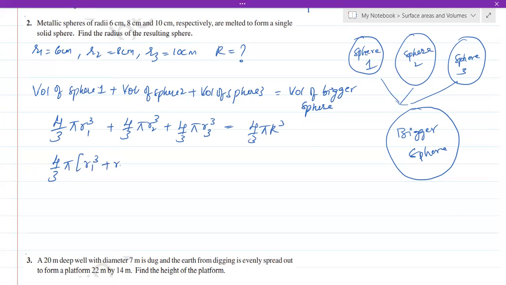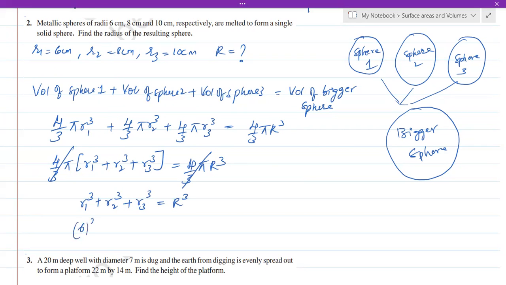R1 cube plus R2 cube plus R3 cube, equal to 4 by 3 pi R cube. 4 by 3 pi gets cancelled. R1 cube plus R2 cube plus R3 cube is equal to capital R cube. So R1 is 6 cube plus 8 cube plus 10 cube, equal to capital R cube.